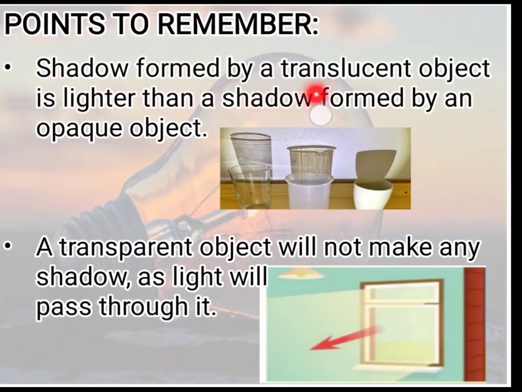Shadow formed by a translucent object is lighter than a shadow formed by an opaque object. A transparent object will not make any shadow as light will pass through it. So, the path of the light will not be blocked and shadow will not be formed.